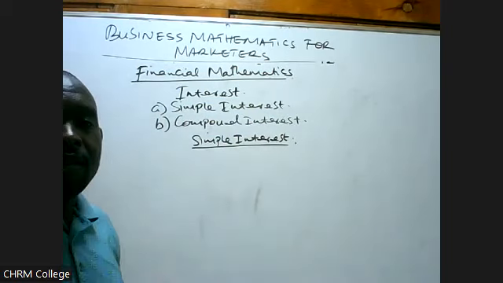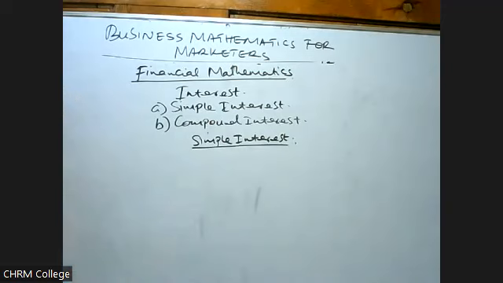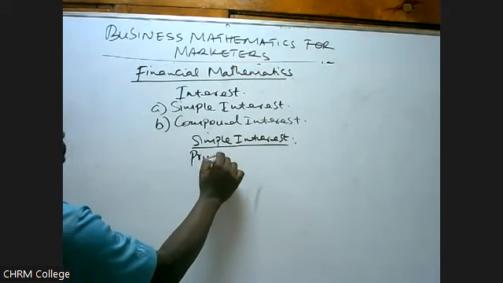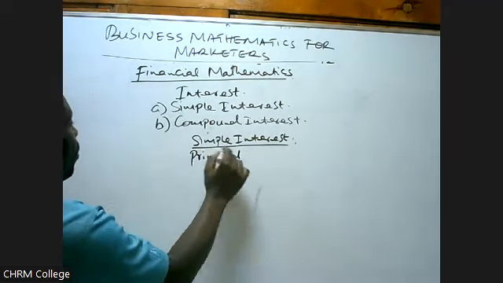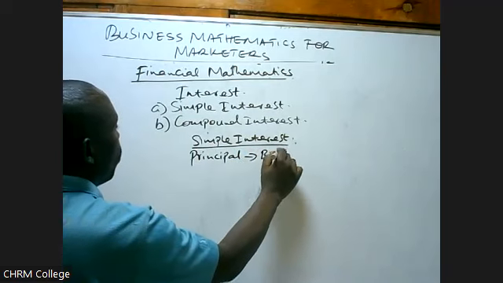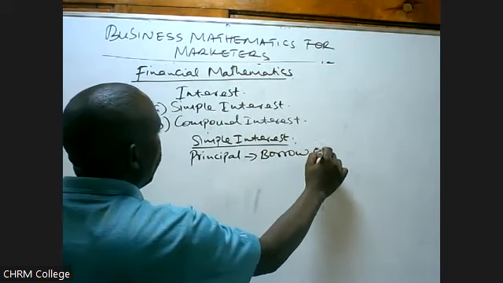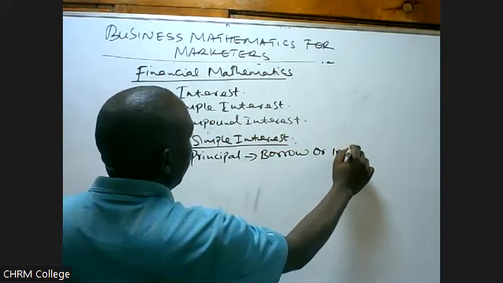We have said that the amount that you borrow or invest in a business or in an account is known as the principal amount. This is the amount you borrow or invest.